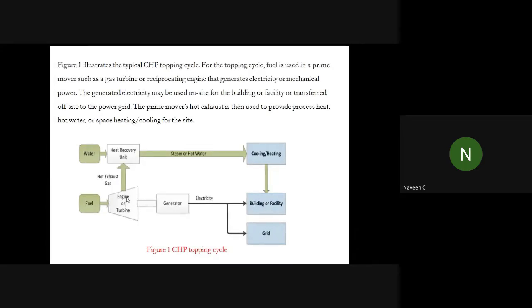Whatever heat is recovered from the turbine, after you extract the electrical output, the remaining exhaust gas will be given to the heat recovery unit, or heat recovery boiler, we'll say. Then we'll have a heat exchanger, which will transfer the heat to the boiler.